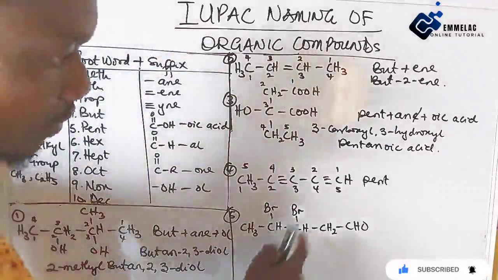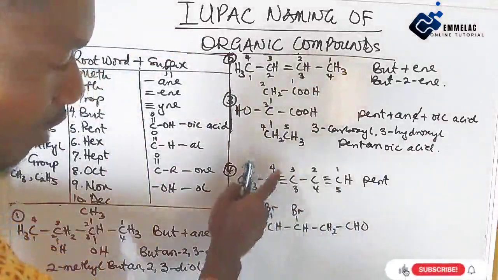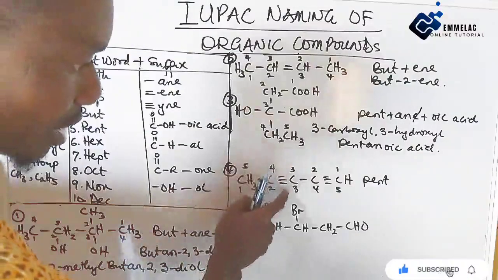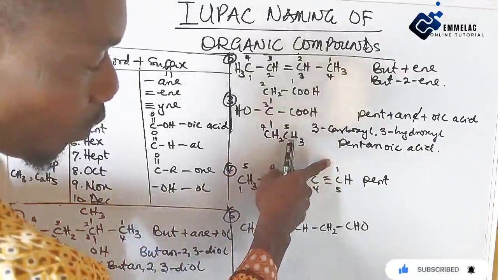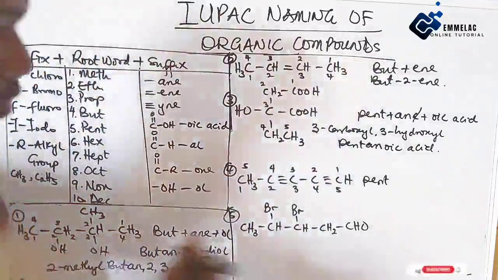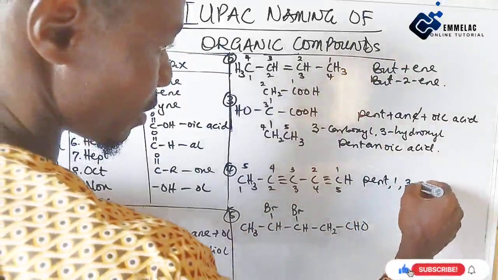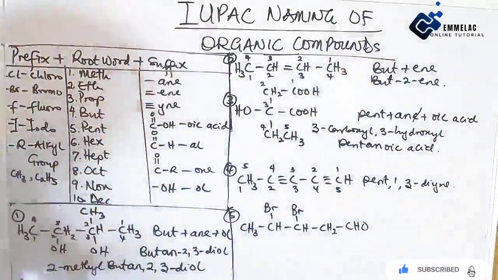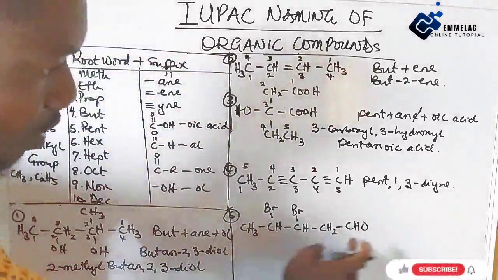Here we have 1, from here you have 1 and 5, and here we have 3 and 3. Since it is 3 and 3 here, we have to ensure we take 1, which is the smallest. So here we have 1, 3, the yne.